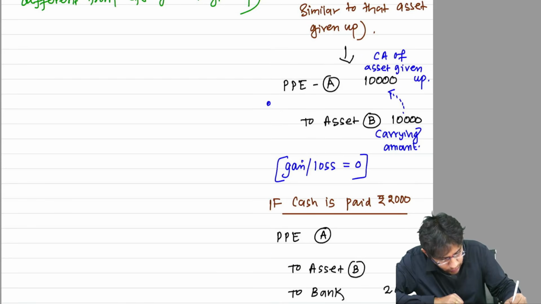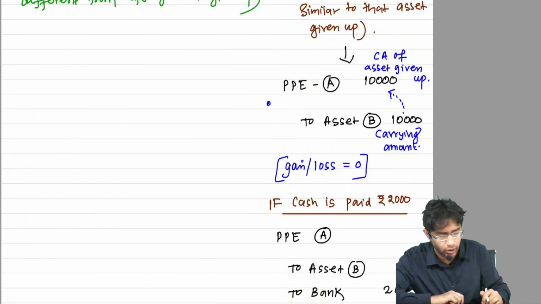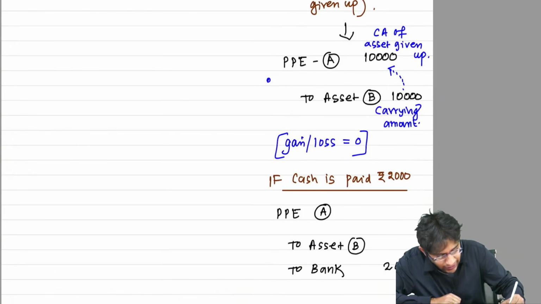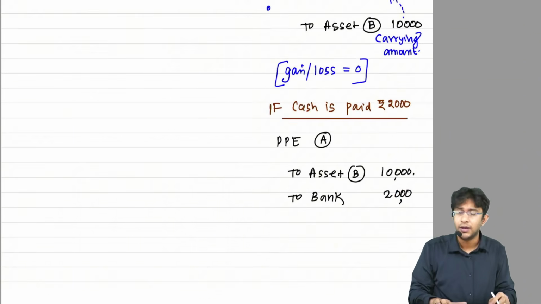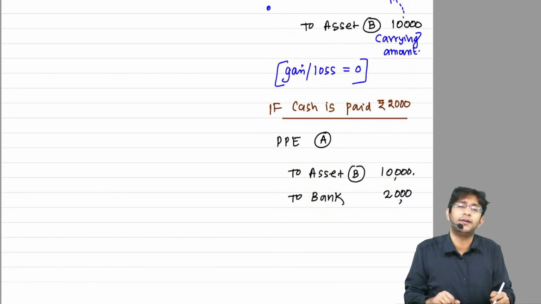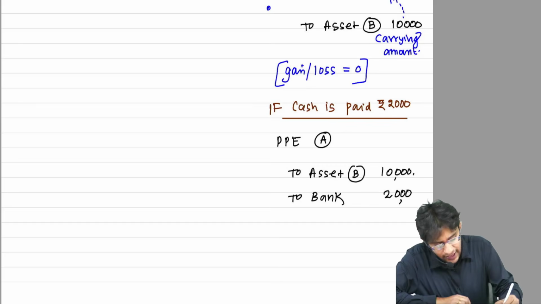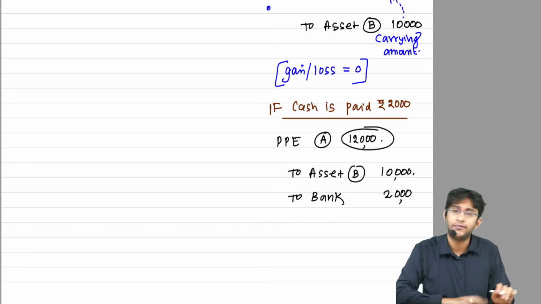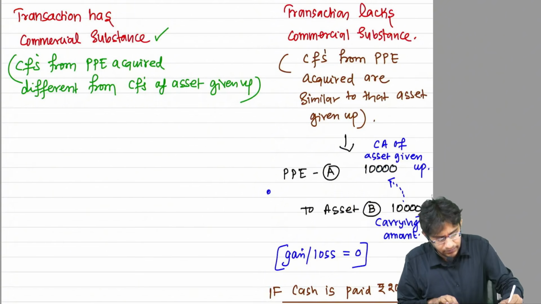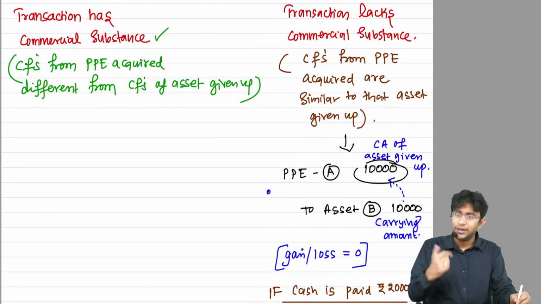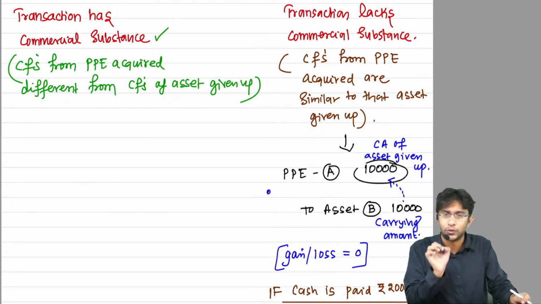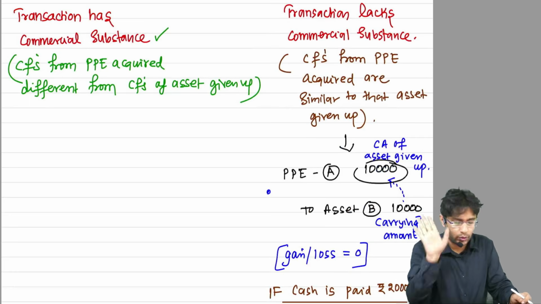In this, 2,000 rupees cash I paid, money gone. Asset B has to be cancelled, so I have to credit it with 10,000. Now you can guess, sir. I don't want a gain or loss in this entry. I can't have anything going to the P&L account. So what choice do I have? Carrying amount of the asset given up plus cash, 12,000. Balancing figure, very right. Always here also the same thing. The incoming asset should be recognized at the balancing figure so that gain or loss will be 0.